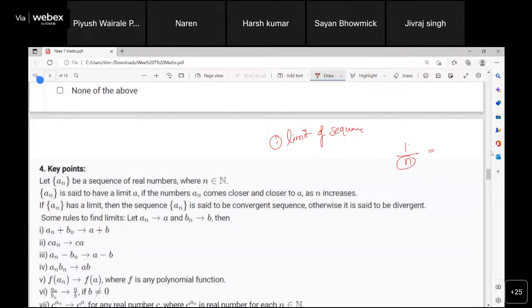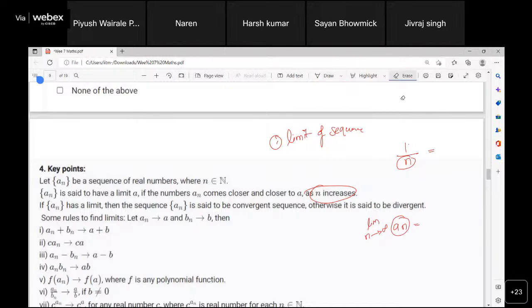It should be infinity, but infinity is not a number, right? So as we can increase n till infinity, for any sequence a_n, we find the value as n tends to infinity, at what particular value this a_n will tend. That is the limit of the sequence.